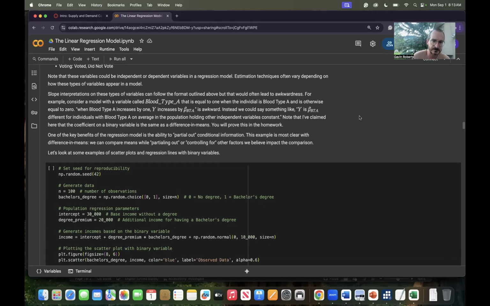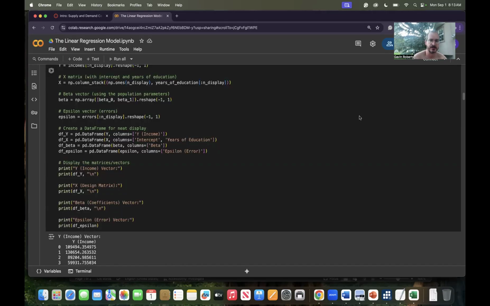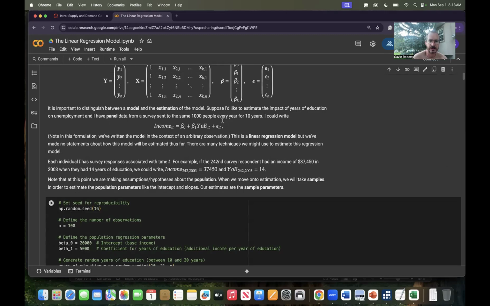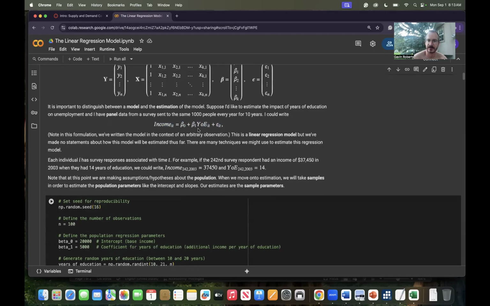Now, if we just put a 0, 1 variable in a regression, like here's our simple regression, imagine if this was a 0, 1 variable. Now, the interpretation I just made, combined with that idea that we could do a simpler regression with one variable, means the interpretation of that variable is beta 1 different than the average if it's a 0, 1.